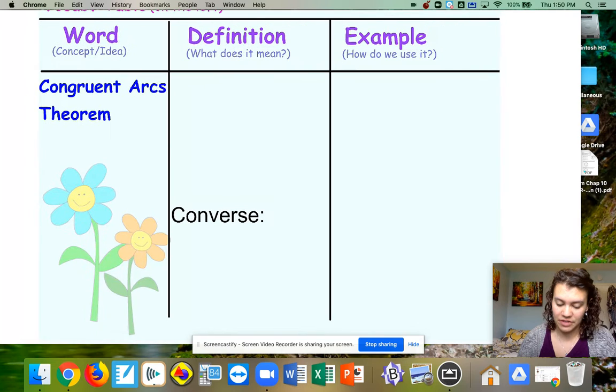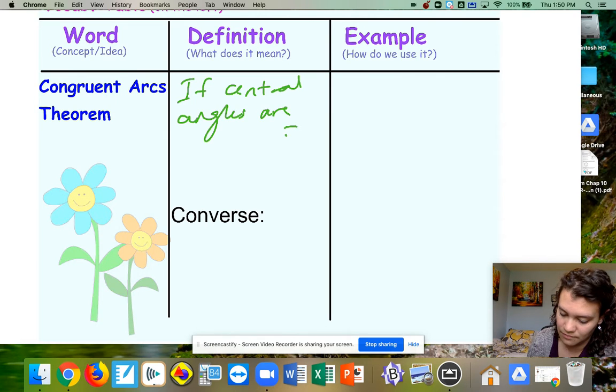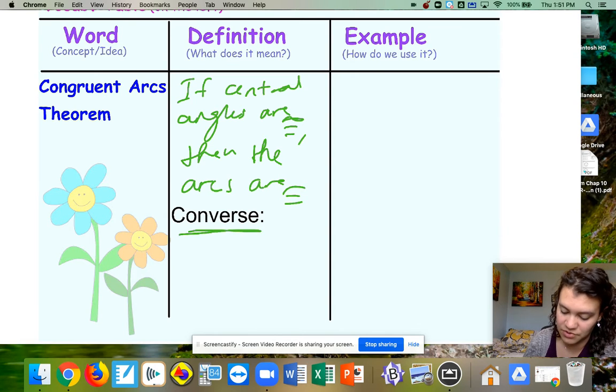So some more definitions. The congruent arcs theorem says if the central angles are congruent, then the arcs are congruent. And then the converse just goes the other way. So if your arcs are congruent, then the central angles are congruent.